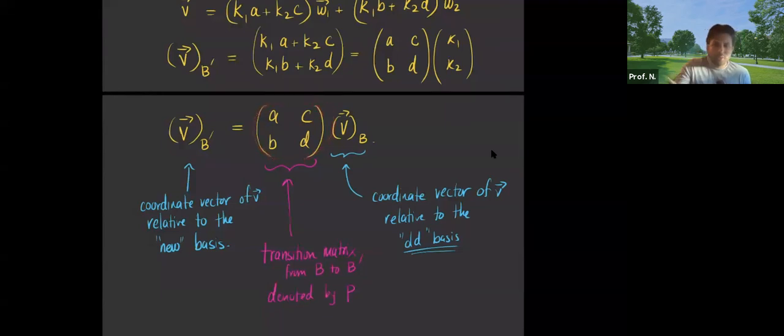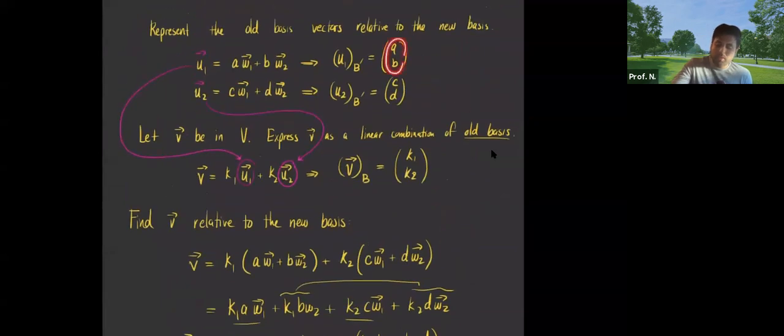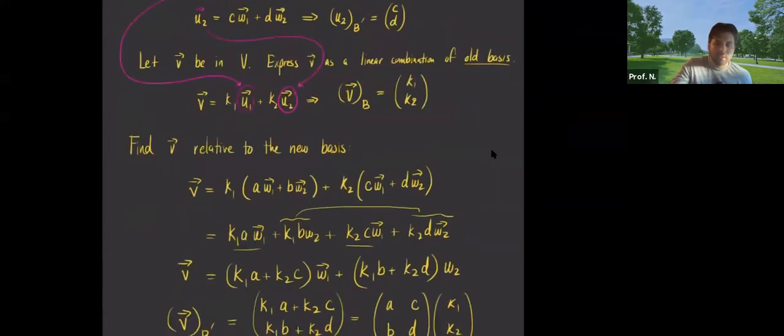And to be even more specific, what was A, B and what was C, D? A, B was the coordinate vector of one of the old basis vectors in terms of the new. C, D was the coordinate vector of the other old basis vector in terms of the new.